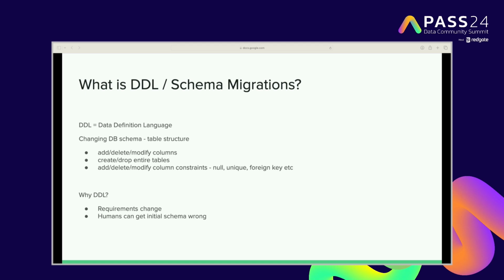But why does DDL happen? It happens all the time because new features have to launch, product requirements can change, and sometimes humans just pick the incorrect schema to start with when they're building products.